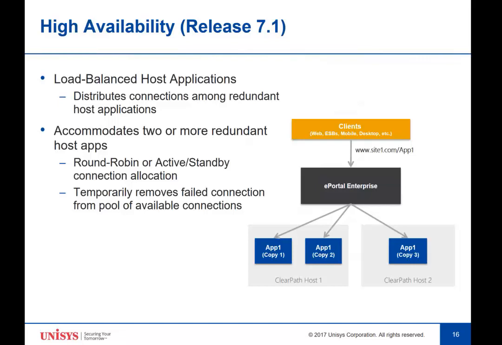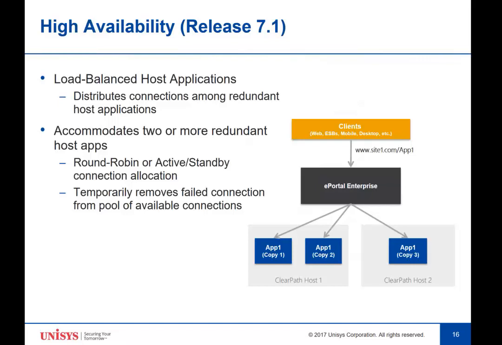Now we've introduced the ability to load balance across multiple copies or a cluster of backend server applications. Those applications can be on the same system, so the same ClearPath server, or they can be distributed among different ClearPath servers. There's two modes of operation with this.